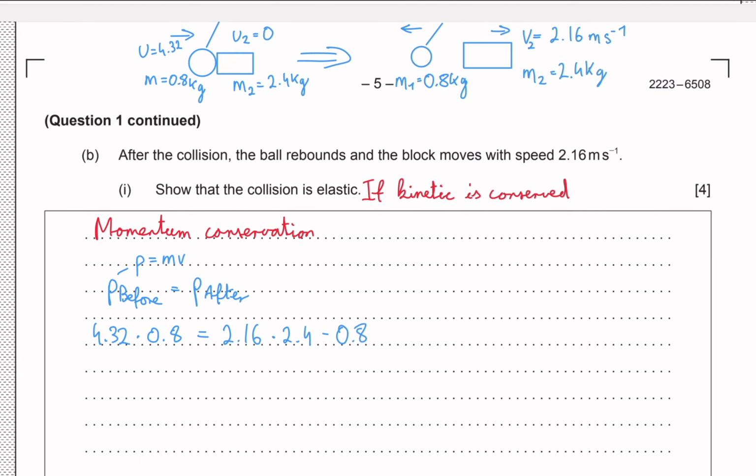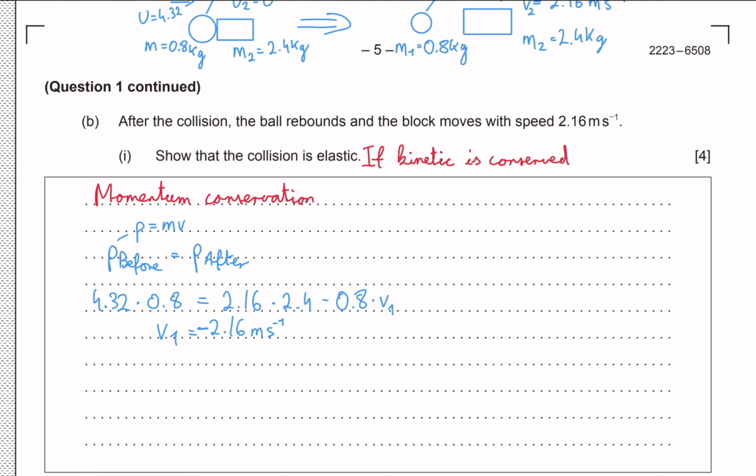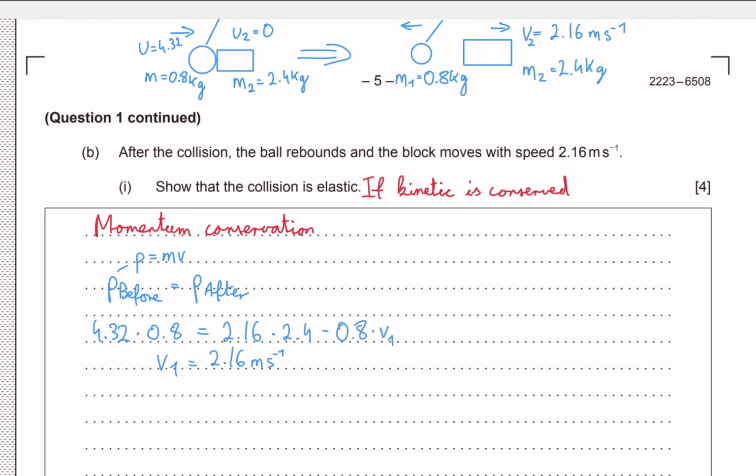If you didn't include this minus sign over here, you would have just written plus 0.8 v1, then it would have come out as a negative 2.16, reminding you that it's supposed to go the other way. But since I already accounted for this fact, it's going to be a positive speed.